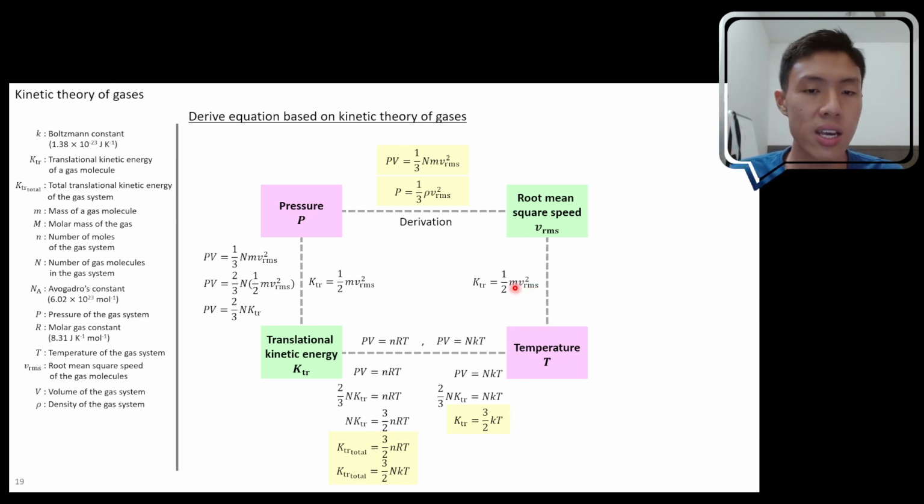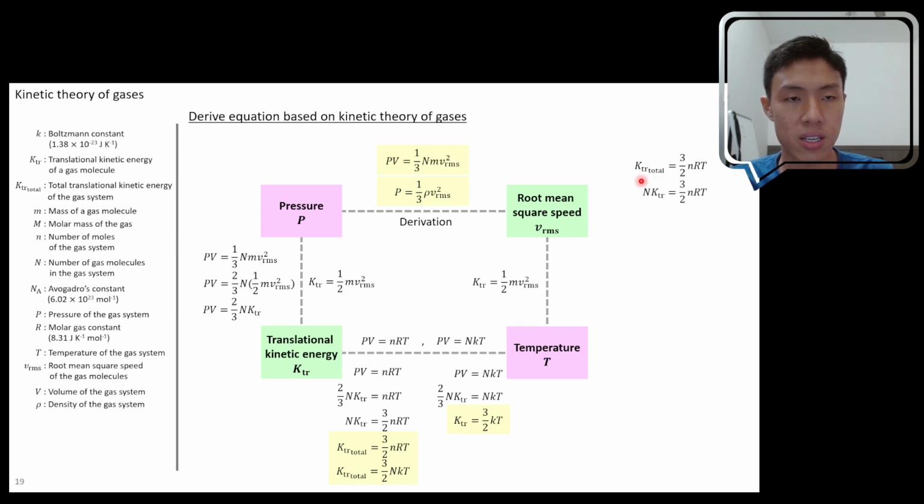Okay, so we are going to manipulate the equation by using KTR total is equal to 3 over 2 nRT. You break the KTR total back to N multiplied by KTR, then KTR can be replaced by half mv squared. I'm going to replace this big N, which represents the total number of gas molecules, with the number of moles multiplied by the Avogadro number.